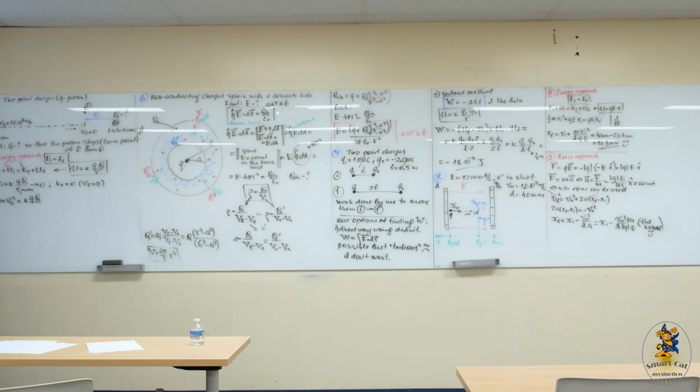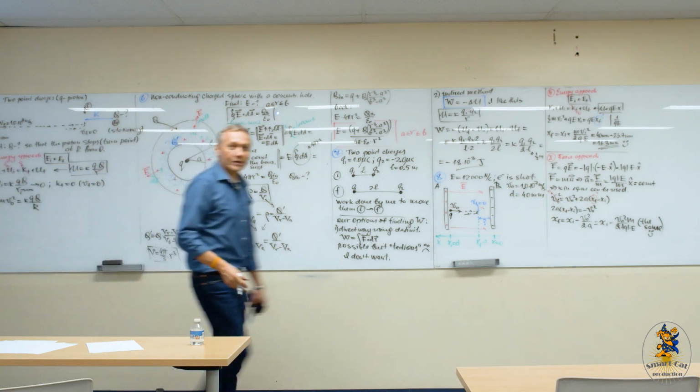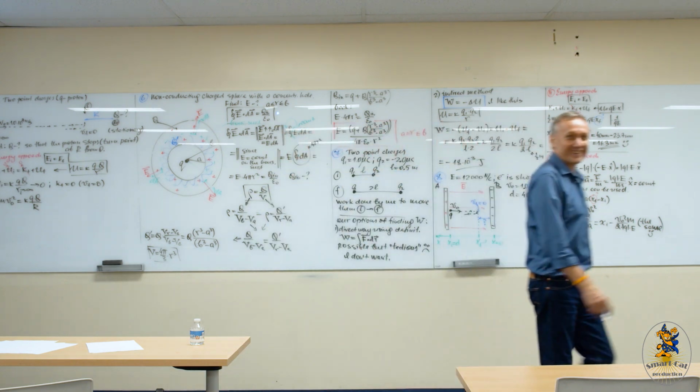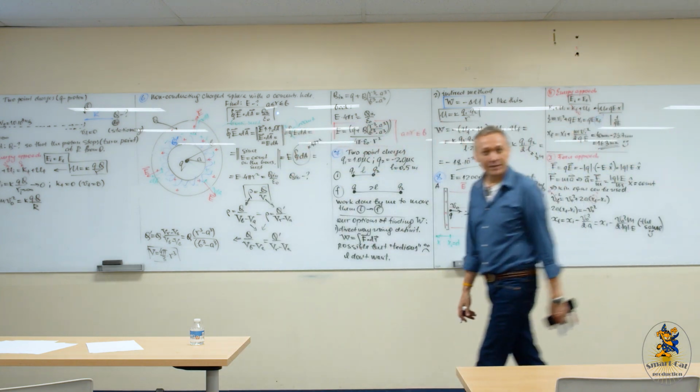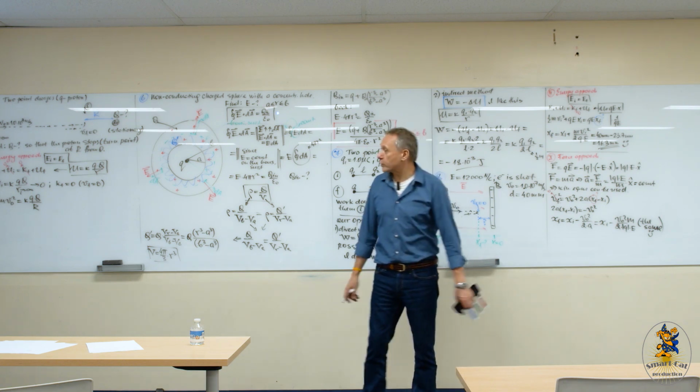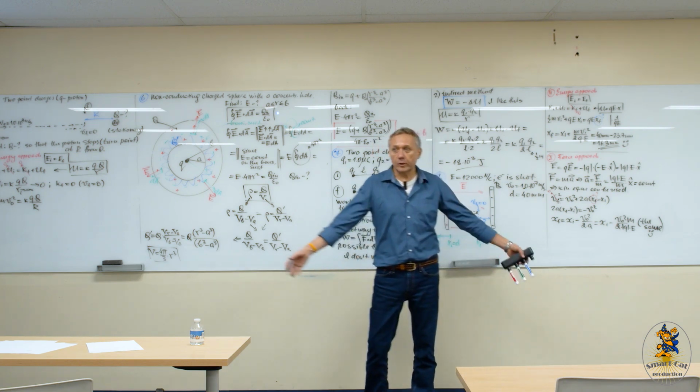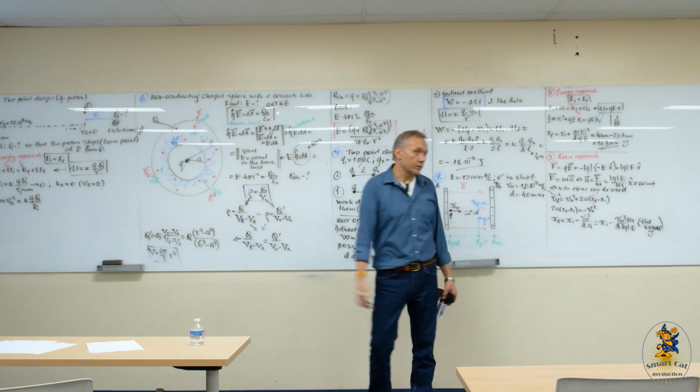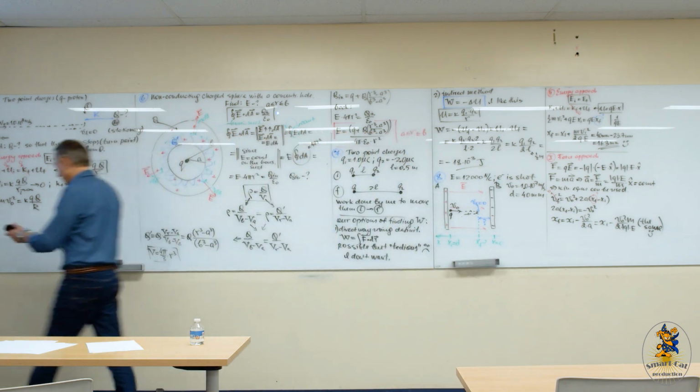R capital, because that's our final point, the turning point. We want to achieve that distance, so we put it here. How many unknowns in the equation? Just one, our Q capital. One equation, one unknown. Physics is over now. We just need to solve it for Q capital.